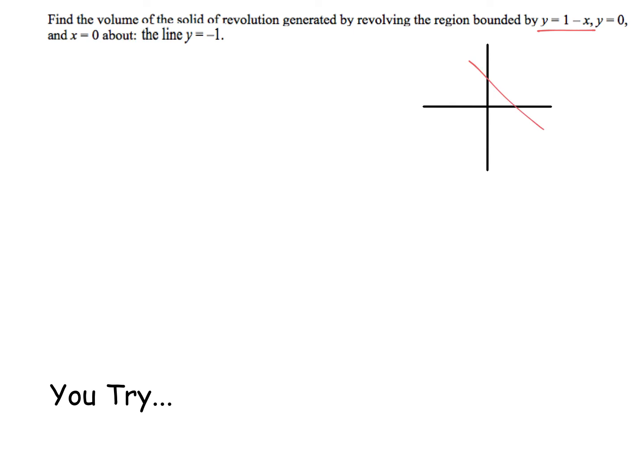It's bounded by y equals 0 and x equals 0, so it's this area right here. What am I rotating it about? Y equals negative 1. What would I call that? An x-axis. All right, go.